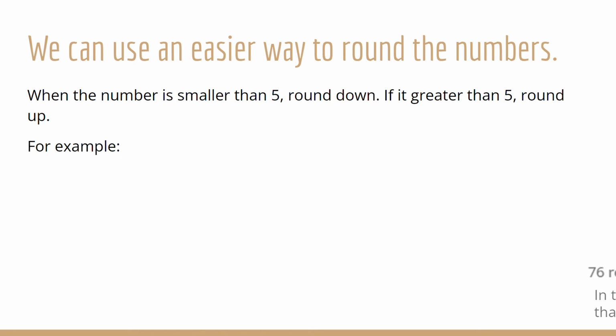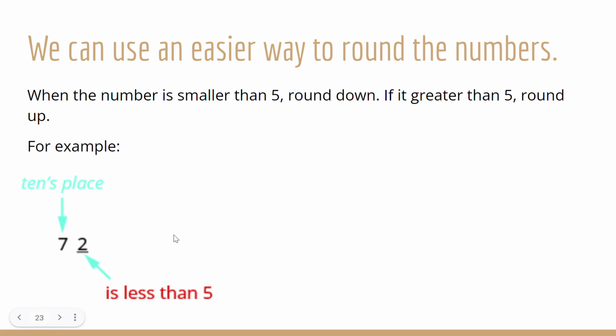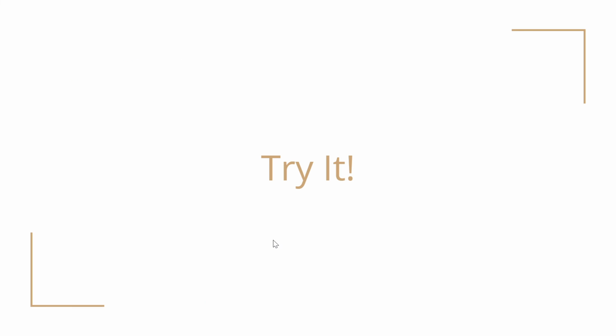And next, if the number is 72, 7 is the 10s place, 2 is less than 5. So what we can do is replace 2 with 0, but we don't add 1 to 7. So the nearest ten for 72 is 70.